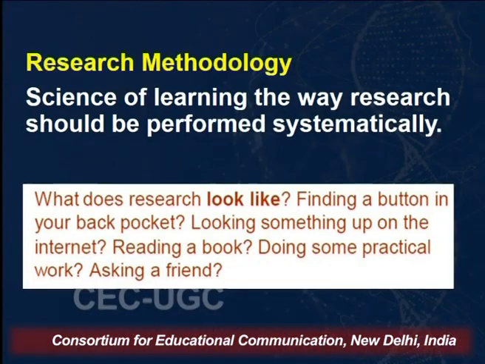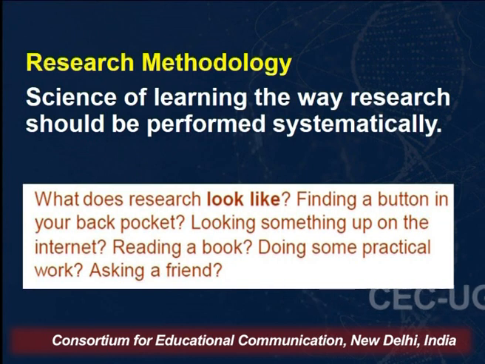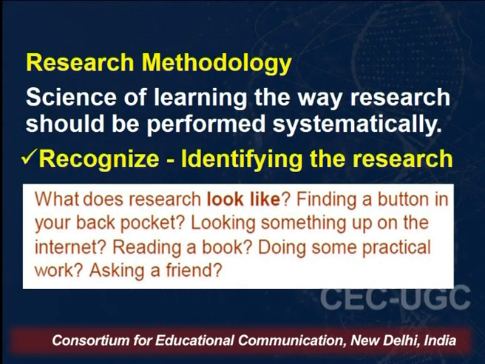Not just the experimentation, but also thinking research, and knowing what, why, how, everything is basically the scientific research, or as we will talk about, the research methodology. So the science of learning the way the research should be performed systematically is termed as the research methodology. There are many important aspects to this research methodology, which we will take one by one.